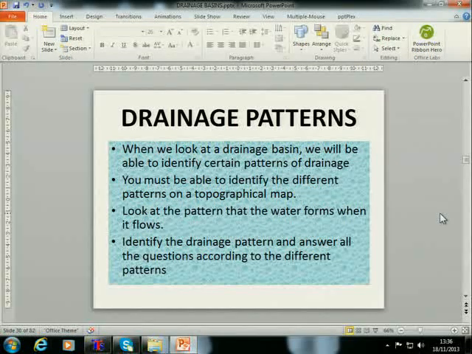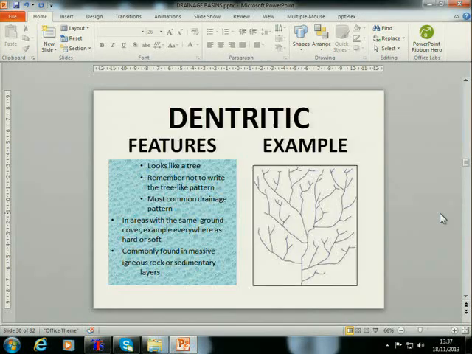Now, depending on what kind of textbook you guys are using, because we have a lot of different textbooks, you will see that in each textbook, and I had a look, they tell you what the drainage pattern is, they give you an example, and then they tell you on what kind of cover it flows. You will see in just a minute.